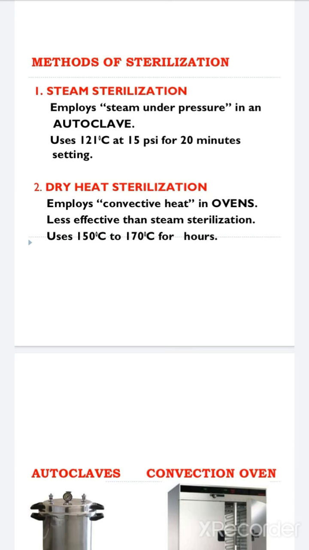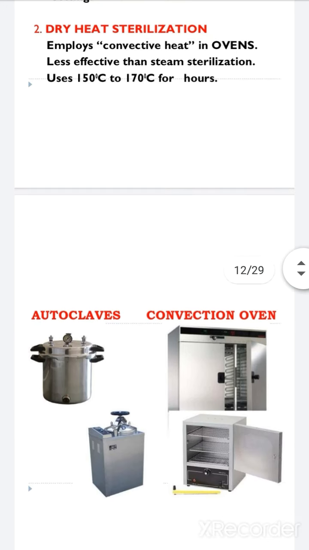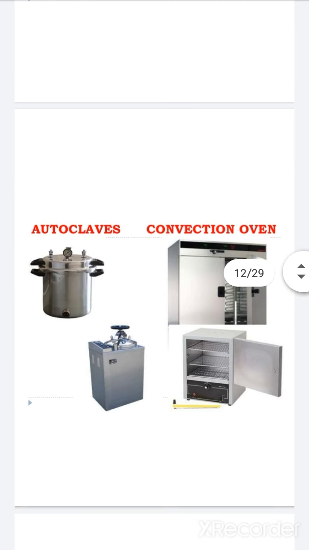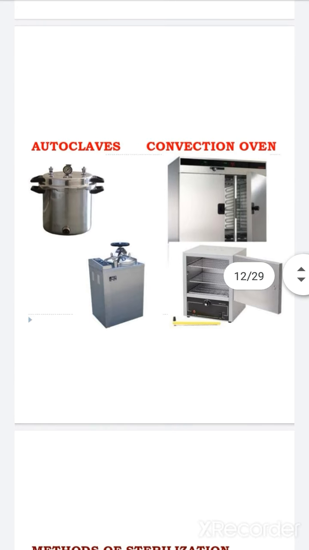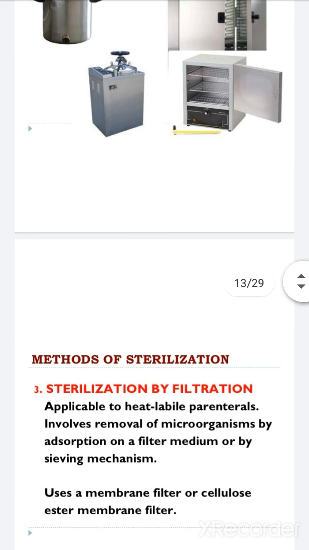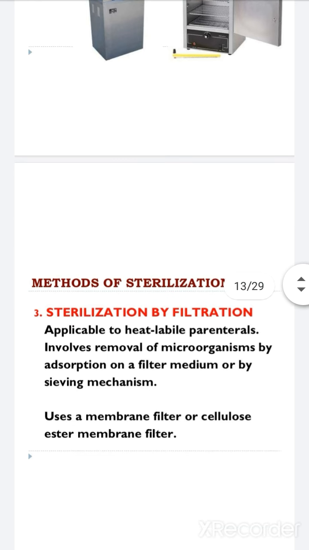Here are some pictures of an autoclave and convection oven. The third method is sterilization by filtration, applicable to heat-labile parenterals. If some substances are heat labile, they are destroyed by heat.